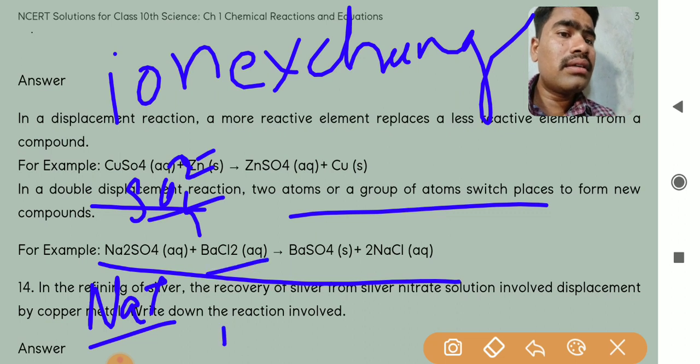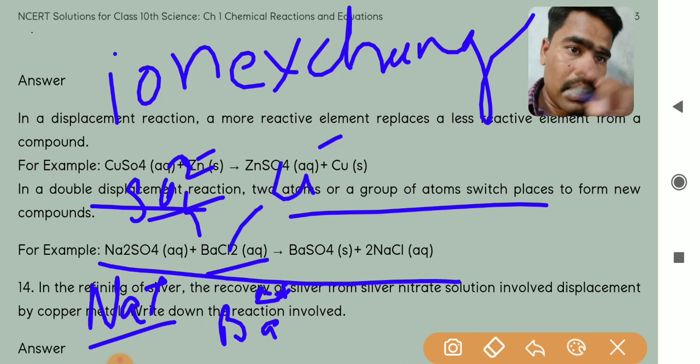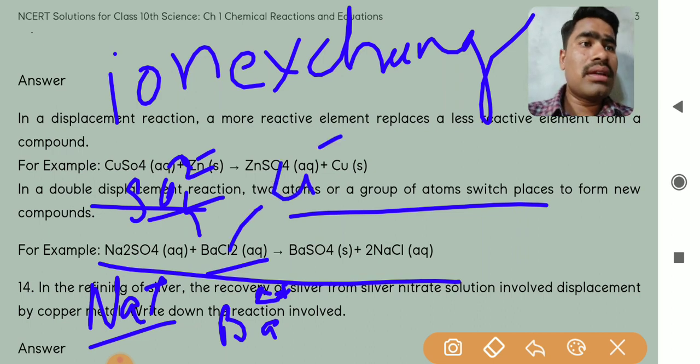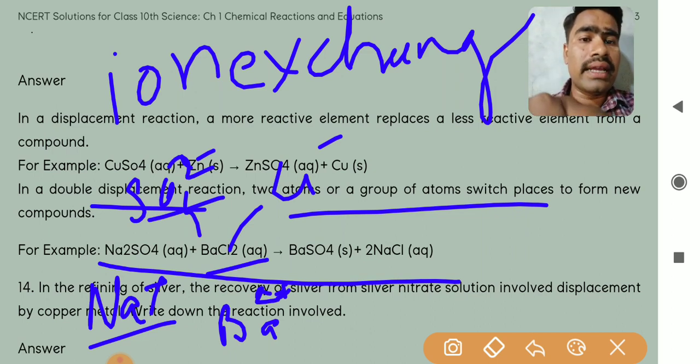Here Ba2 plus is the cation and Cl minus is the anion. In every chemical compound, especially an ionic compound, there is one cation and one anion.